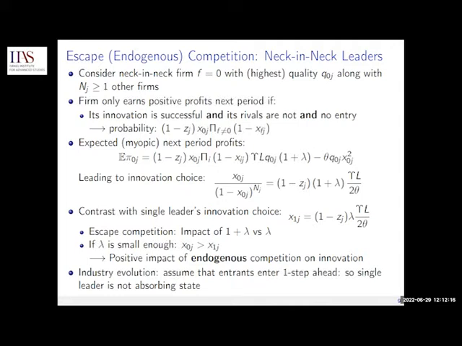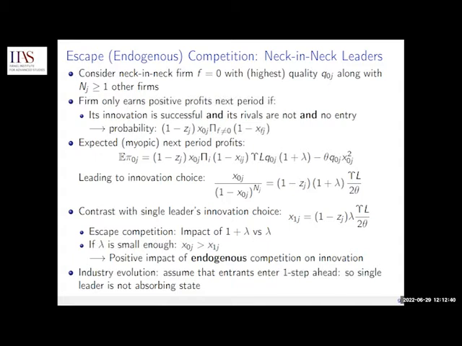So this is the formalization of this escape competition that Eric was talking about, at the same time as having the Schumpeterian effect that comes through Z that's going to be negative. Now, the last part that I didn't talk about is what my other competitors are doing, and this is clearly another Schumpeterian negative effect.